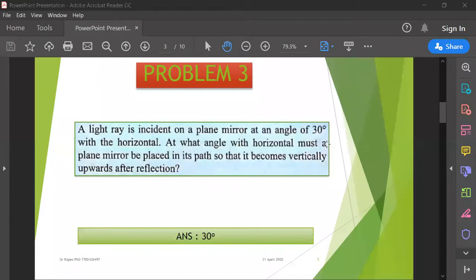So the second is completed, coming to the third one. This is horizontal, with horizontal 30 degrees. After reflection, vertical.